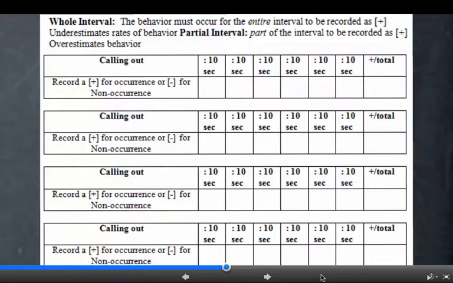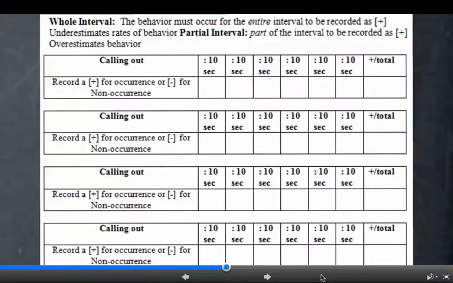Well, if I'm exercising and I'm doing that for 10 minutes and I'm looking over at you to see if you do it at any point during that 10-minute period, and I do see a little bit of the behavior, and I recorded a plus here, you could very easily stop after I recorded my plus, get off the Stairmaster, go get a drink of water, wipe your brow with a cloth, come back, and get on the Stairmaster again, and you may not have exercised for very long at all.